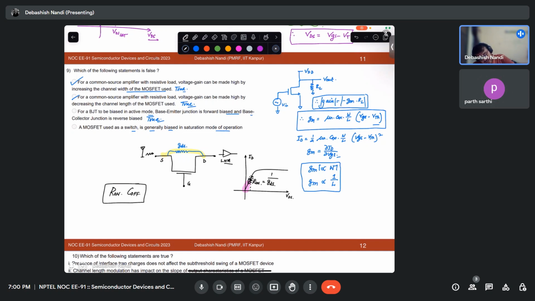Say this is the on condition. Whenever the gate is off, it will act as a capacitance, CDS, the drain to source capacitance. So this product determines the speed of the switch.